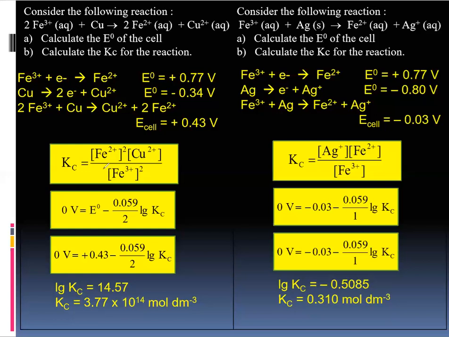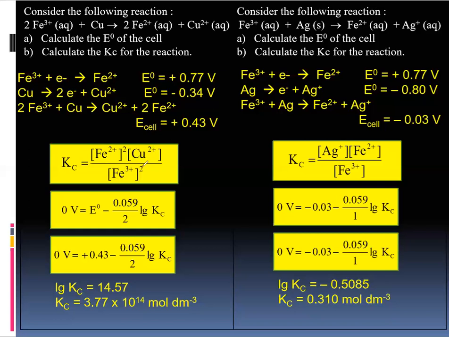Having gotten all that information, we can easily find our Kc now. We know that our Kc is equal to the concentration of the products, raised to the power of their number of moles, divided by the concentration of the reactants. Our products here are Fe2+ and Cu2+, and there's no solid among them, so we include both in the equation: Fe2+ raised to the power of 2, and Cu2+ raised to the power of 1.